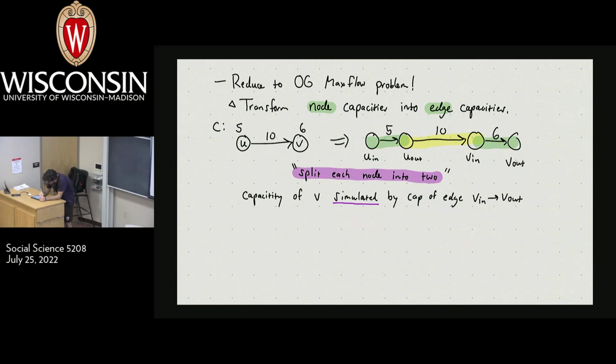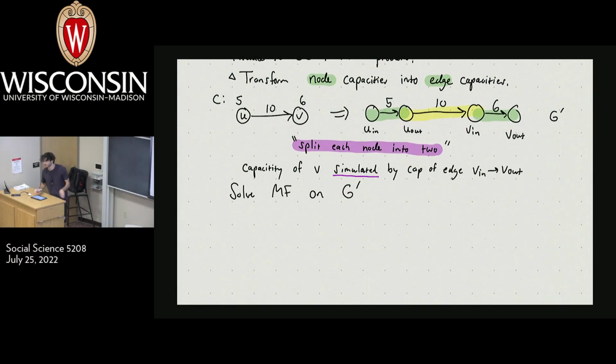And then all we have to do is solve the original max flow problem on this new graph G prime. And specifically, what's G prime going to be? Well, you're going to have nodes V prime that are V in and V out for each V in the original.